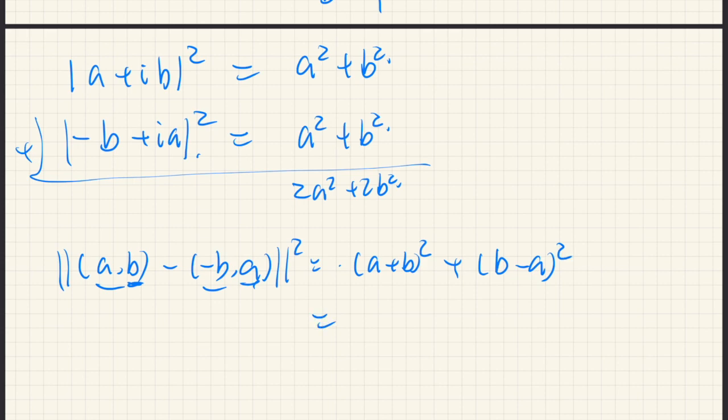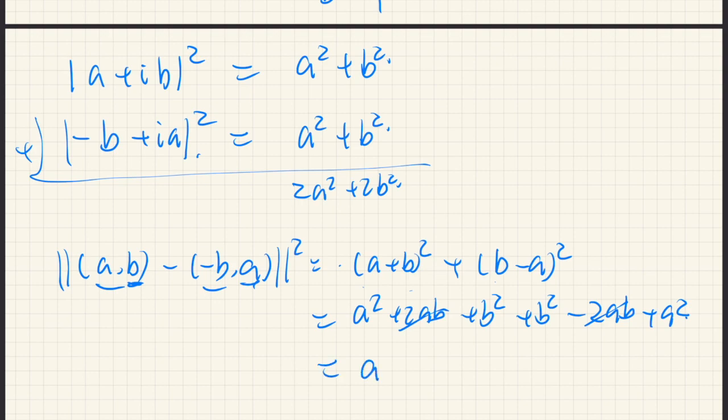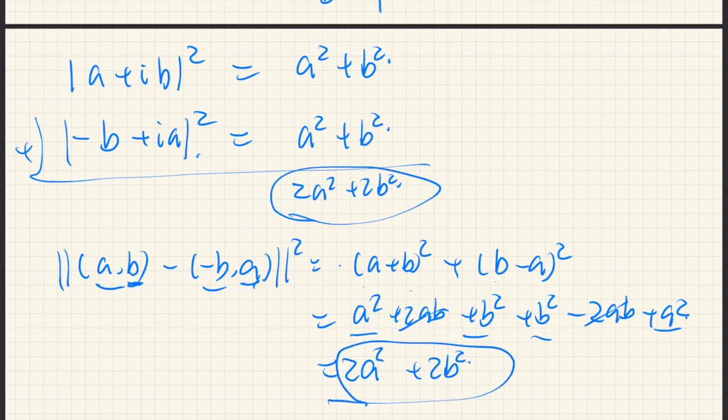If we expand this, we have a squared plus 2ab plus b squared, plus b squared minus 2ab plus a squared. So the 2ab terms cancel, and we have a squared twice and b squared twice. So we have this.